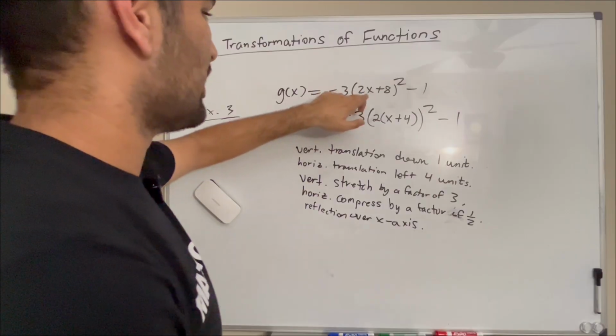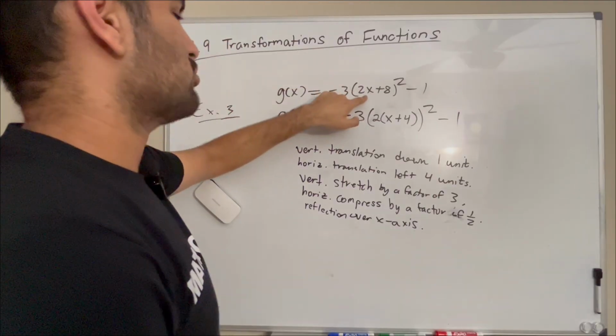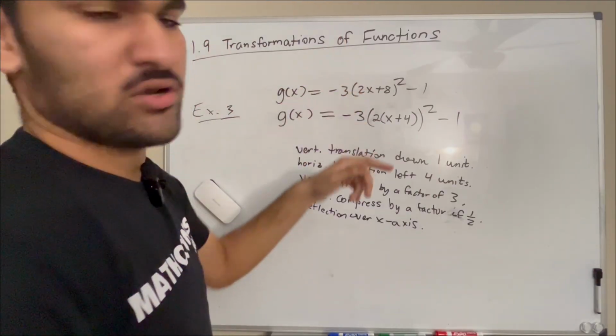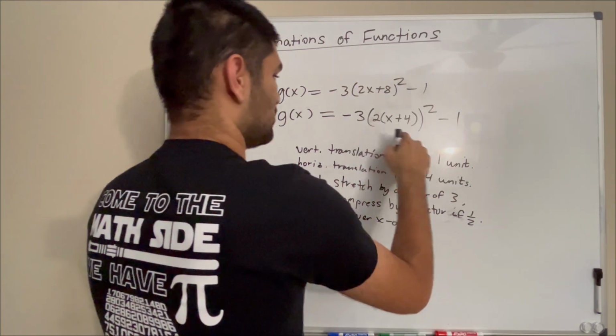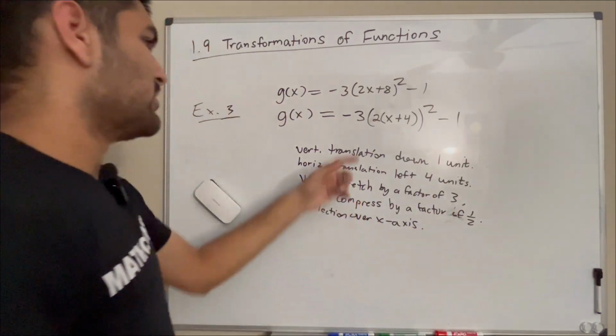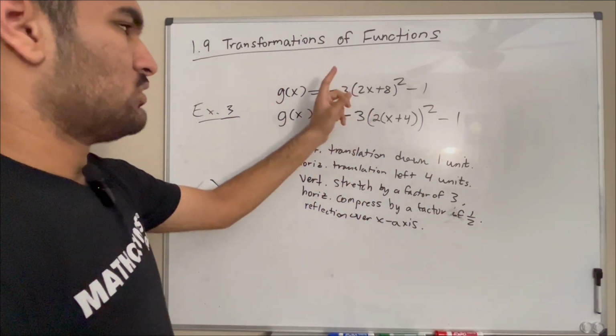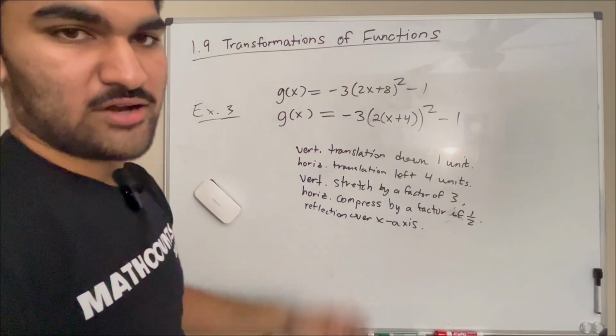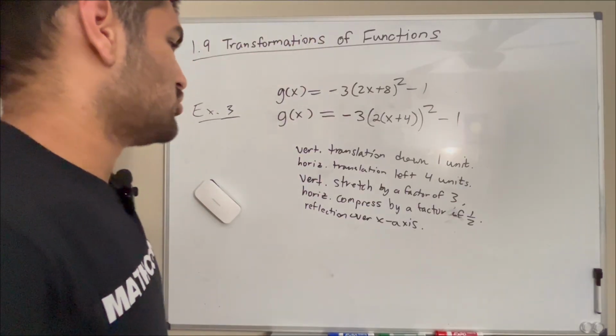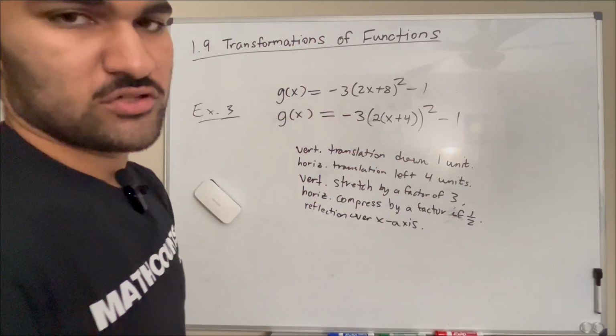So whenever you're doing transformations, you should always have your coefficient of x be 1. In this case, you can factor out a 2. So always get that coefficient of x equal to 1 first, whether by factoring or something else, and then do your transformations from that newly written function.